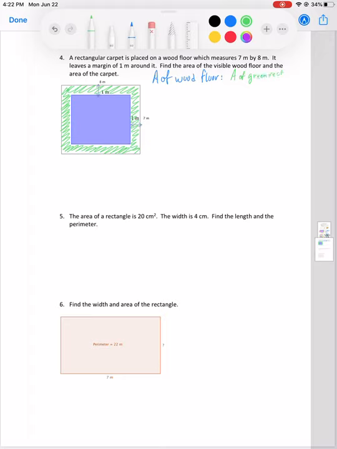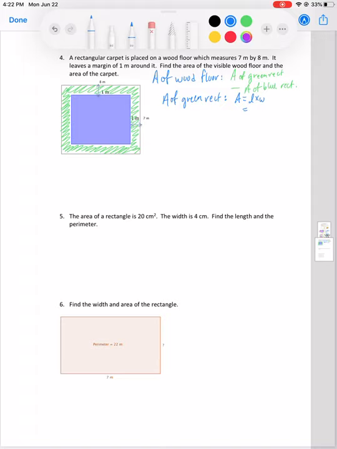So we'll call the area of the green rectangle, subtract off the area of the blue rectangle. That will give us the area of the border. Okay. Area is equal to length times width, which is equal to the length of the green one.